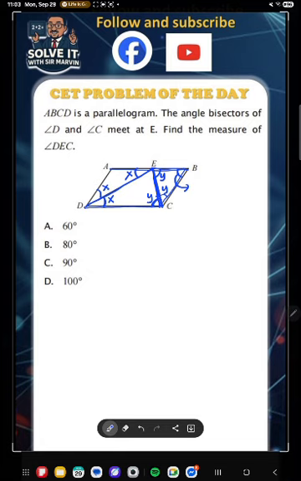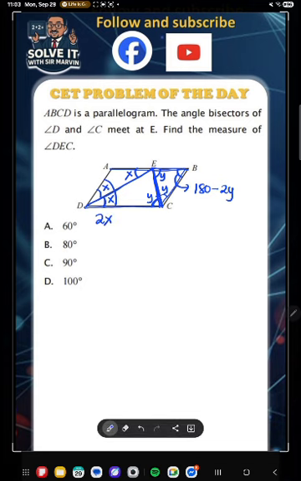Since the sum of the measures of the interior angles of a triangle is 180, that means angle B is just 180 minus 2y. On the other part of the parallelogram, we are sure that angle D is x plus x, which means it's 2x.